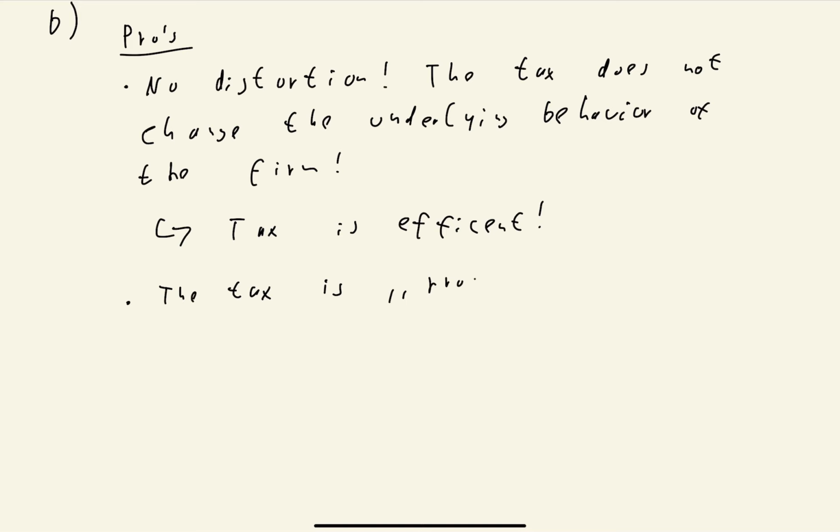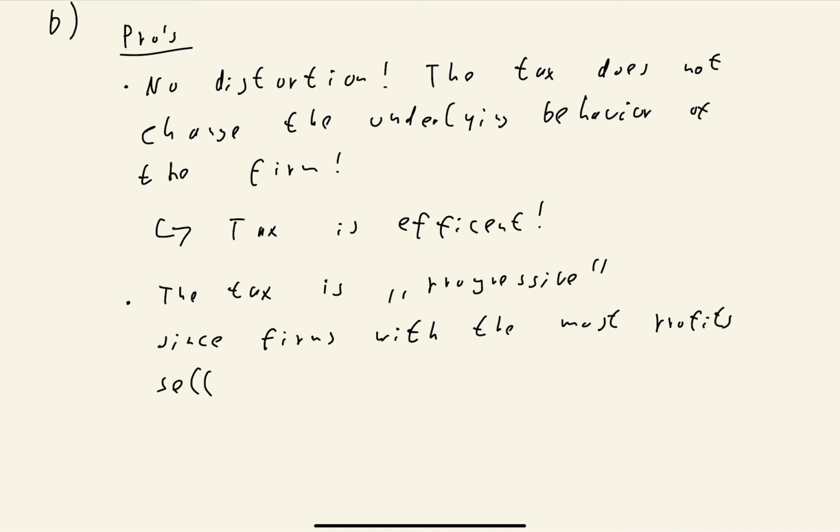So put this into the marks here, because it's not really progressive, but to some extent it is, because firms who make the most profits pay most of the taxes here. So this is since firms with the most profits pay the highest amount of taxes.